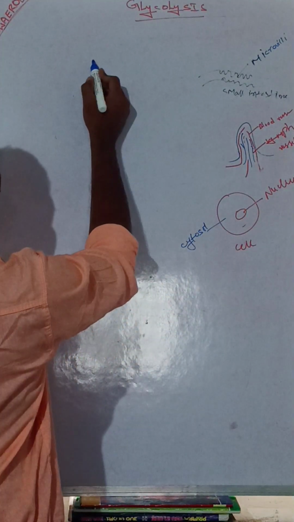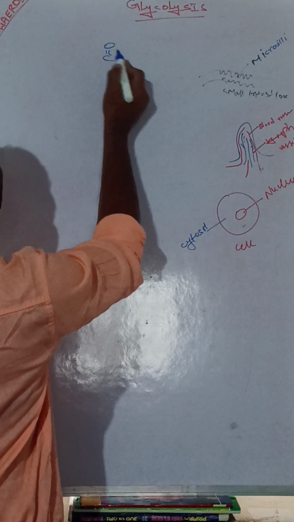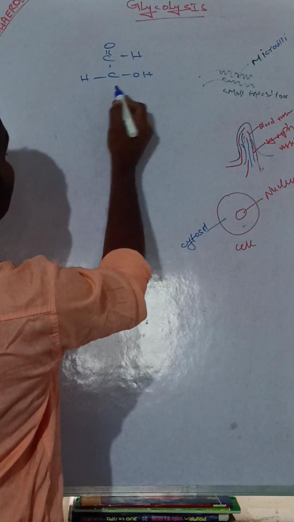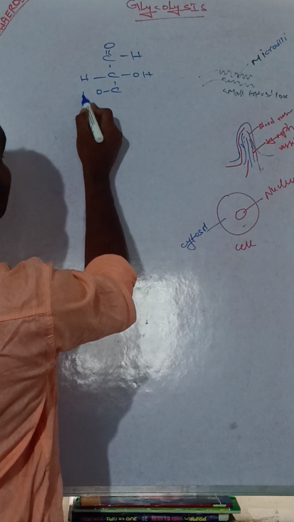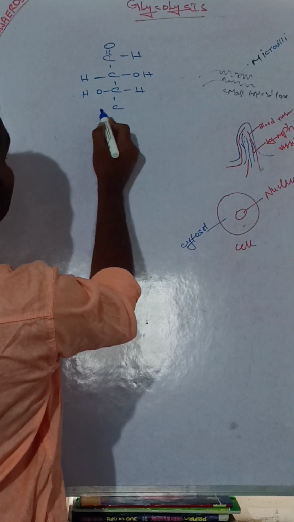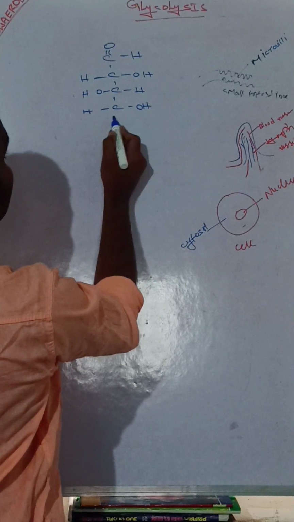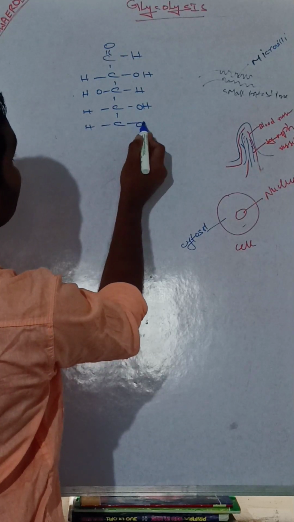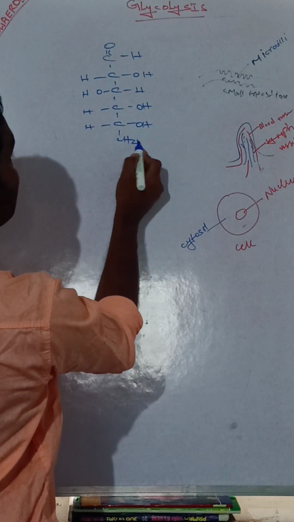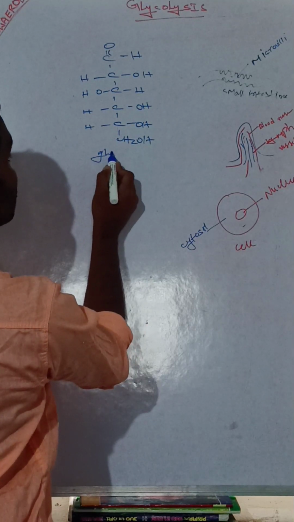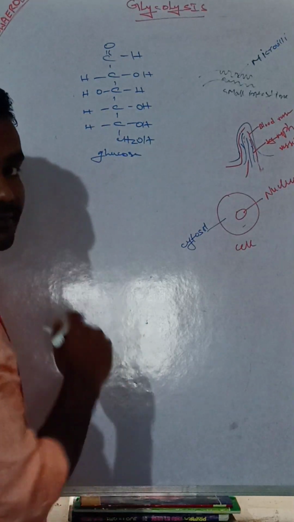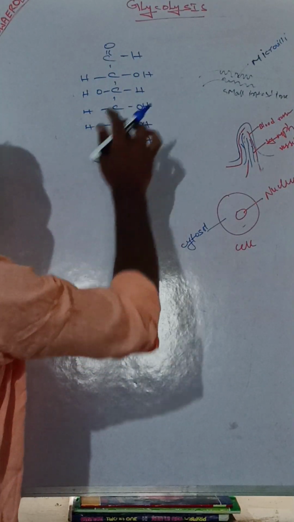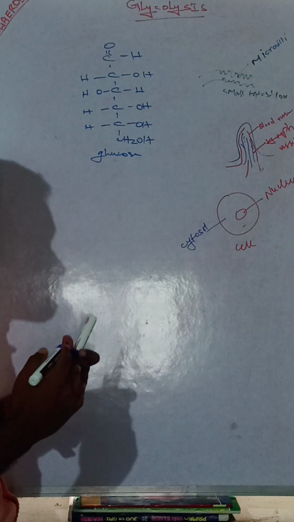For example, C double bond O. This is the glucose. Okay, right? See here. How many carbons are here? 1, 2, 3, 4, 5, 6. That's why I am calling this a 6 carbon molecule.